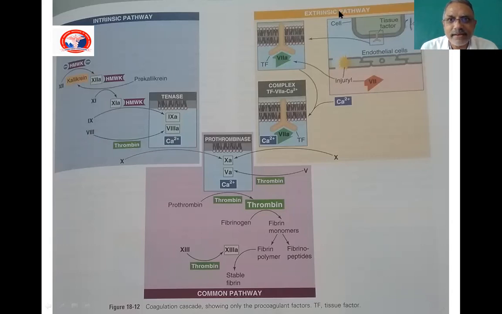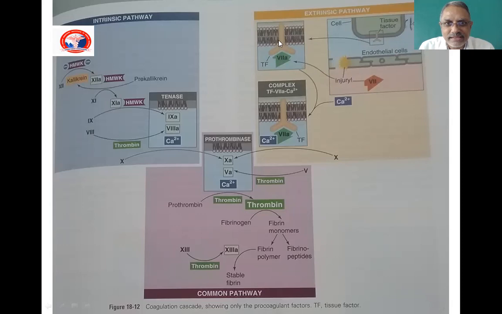The extrinsic pathway is brought about by the tissue. The injury activates factor 7. There is the tissue factor from the tissue, from the cell membrane, where 7A gets activated.